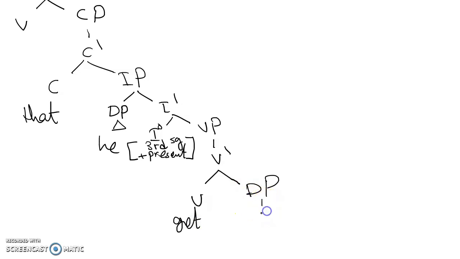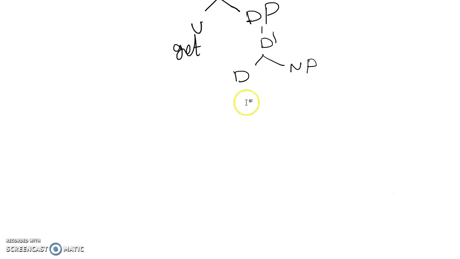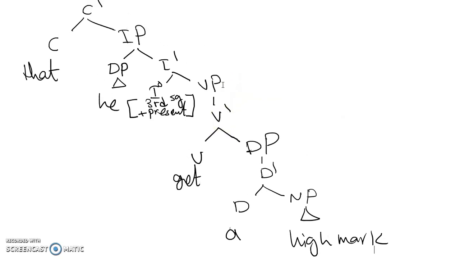Now for the high mark, we have D bar, D, and NP. For the D, it is a, and for the NP, let's say a triangle regarding high mark.